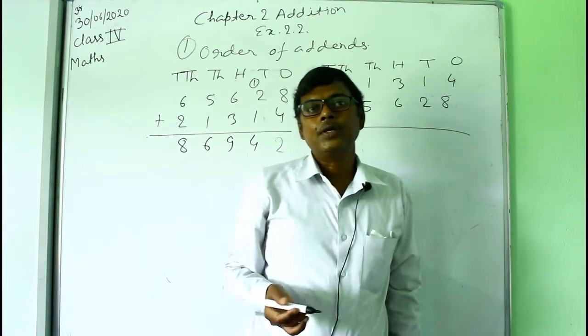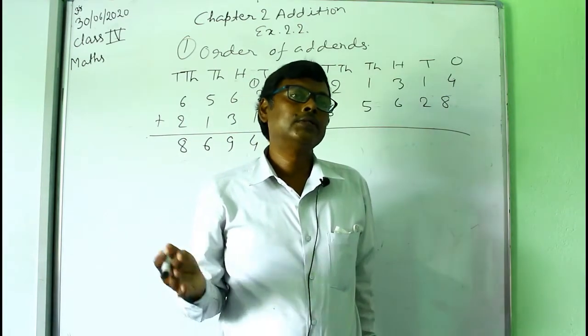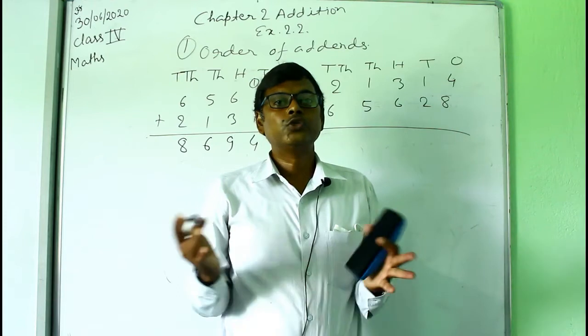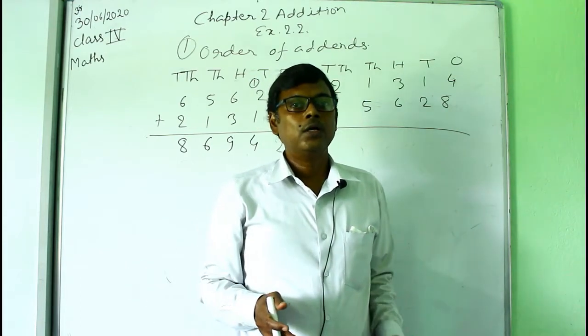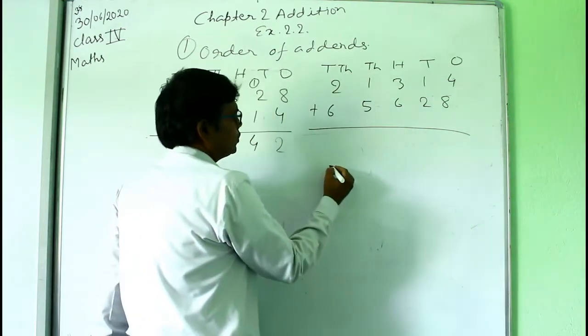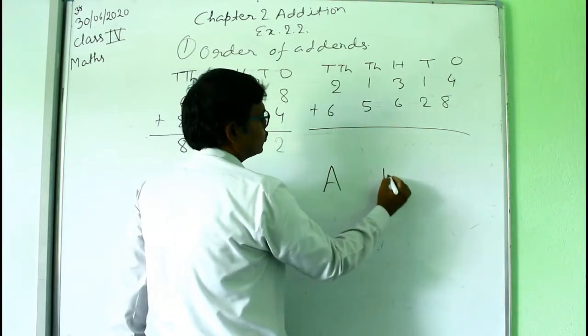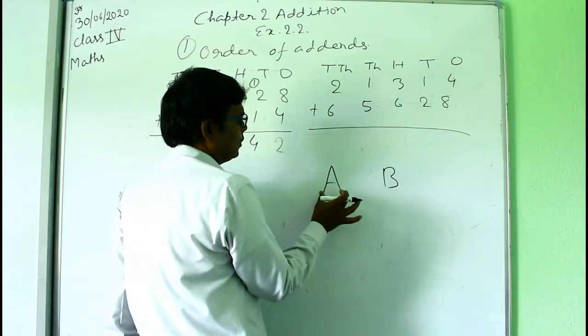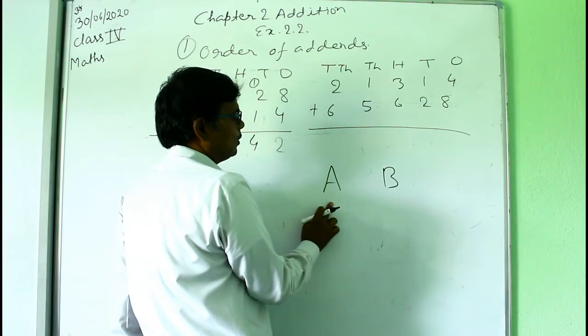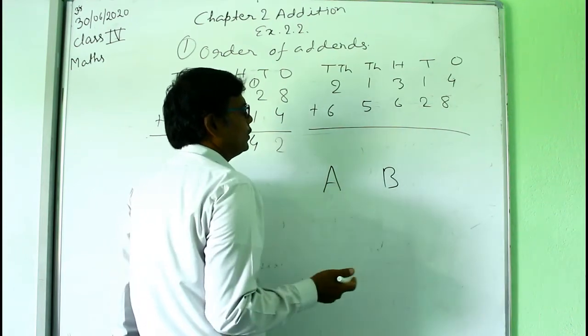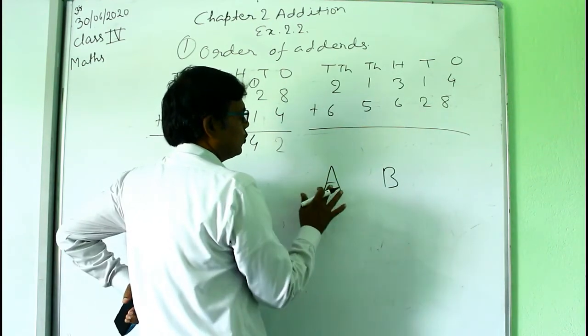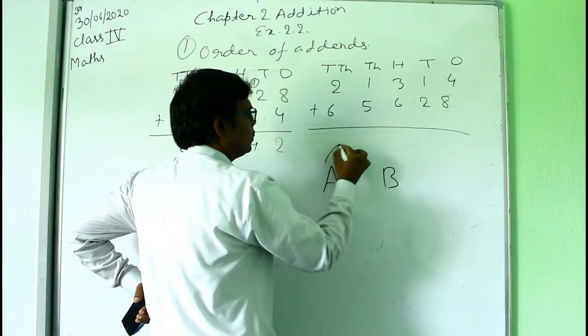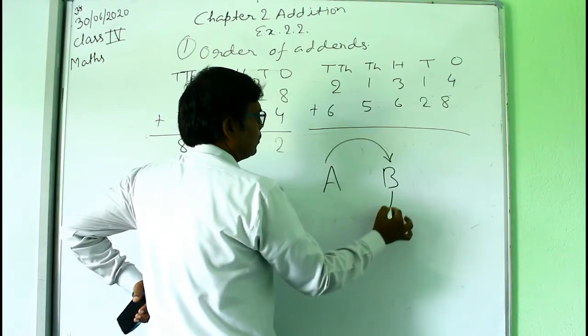what is the meaning of order here? Order means, like, there are two students, and one student is sitting here. Suppose there is a student A and the other student is B, and this student is sitting here and this student is sitting here. Now suppose this student moves here and this student moves here.